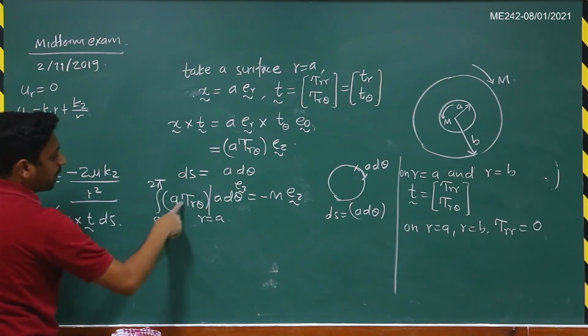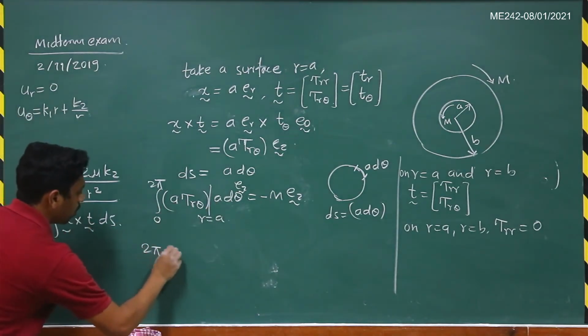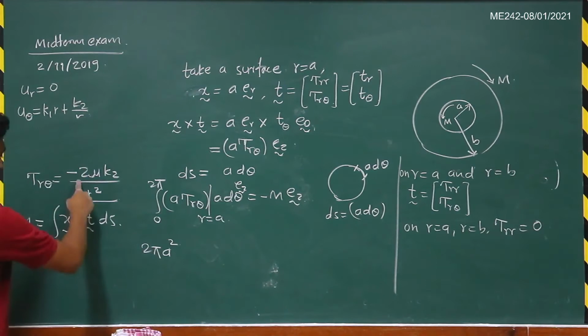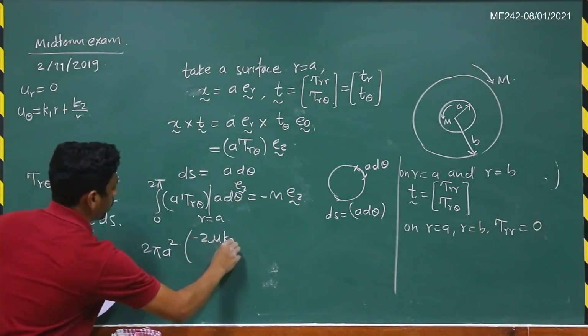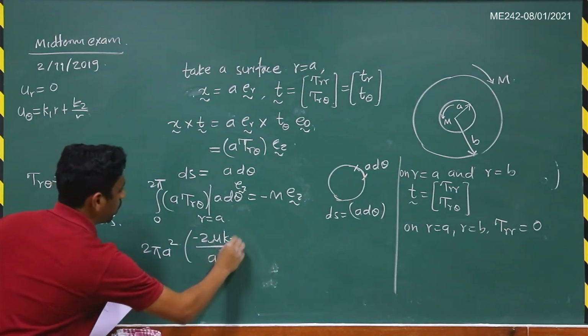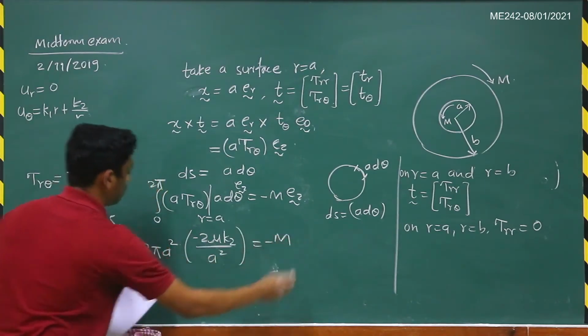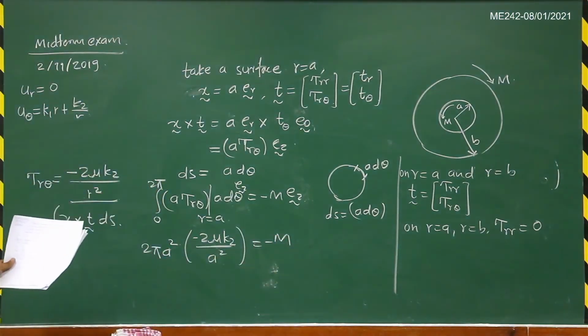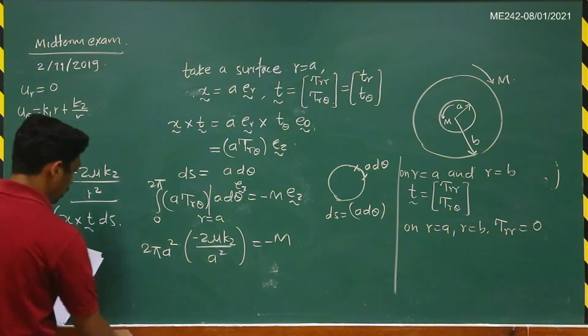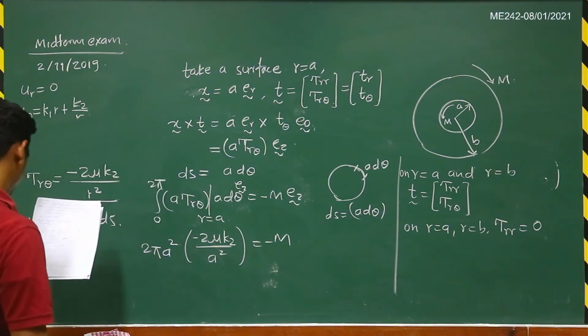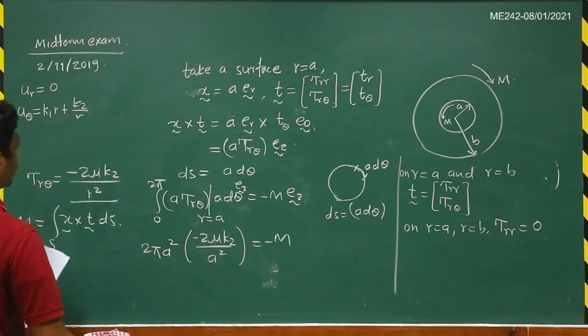So 2 pi a square into this constant, minus 2 mu k2 over a square, which will be equal to minus m. By solving this particular equation, we get this k2.